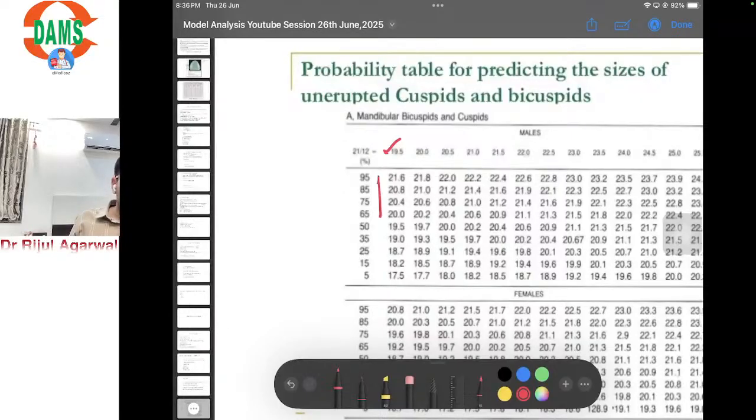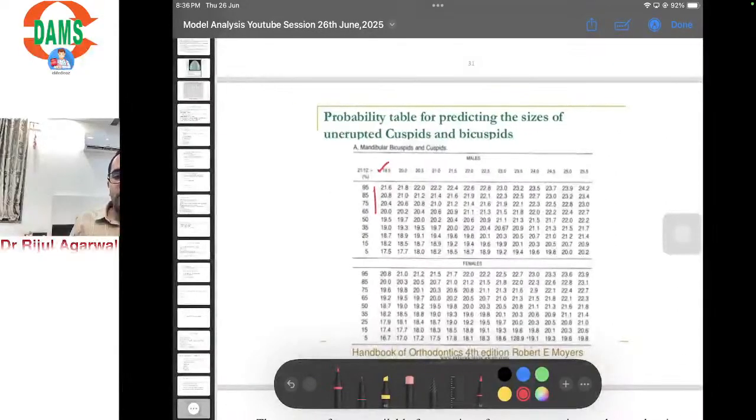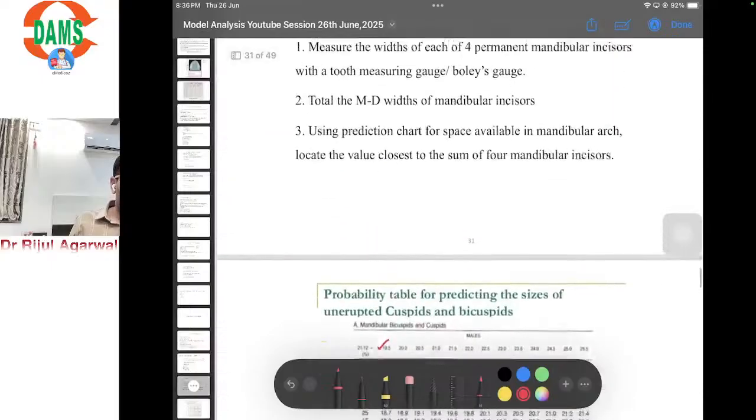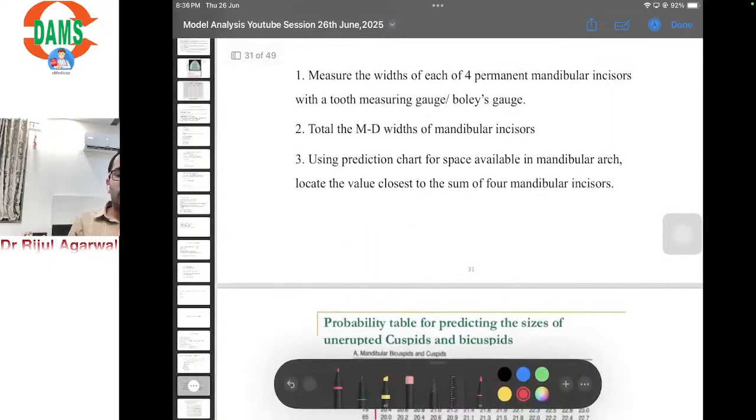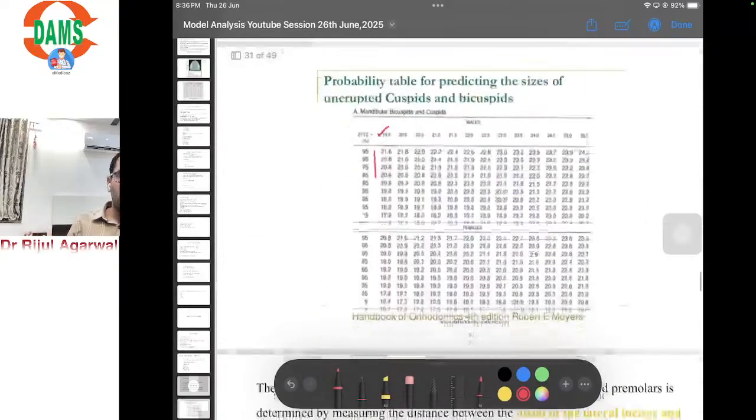You just correlate it, go down and read it off. So what will you get from the prediction table? You will get the estimated or probable width of the unerupted canines and the premolars, which should be there according to the sum of the four incisors, because till now 3, 4, 5 have not erupted.